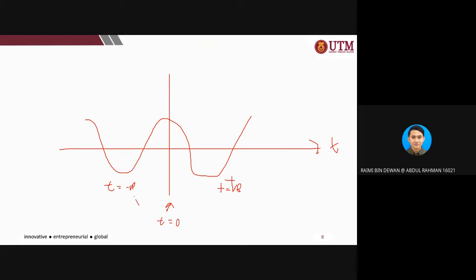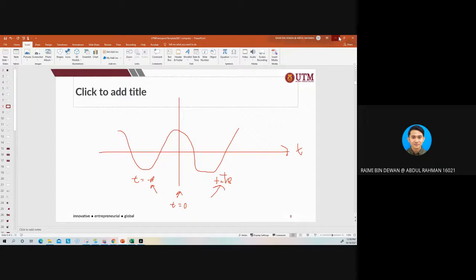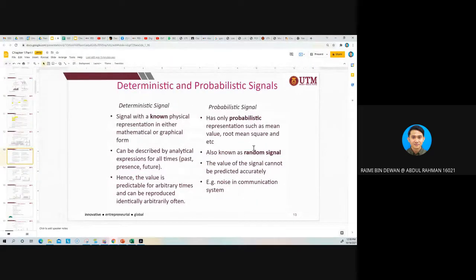So this will be our past and this will be our future later on. Do you guys understand what it means by past, present, and future? Understand, Doctor? Okay, I think it is easy to understand.